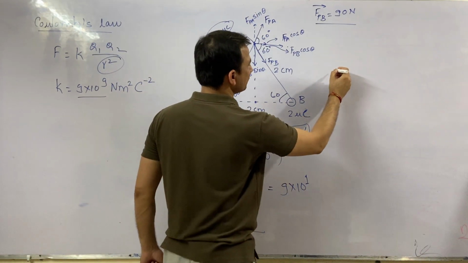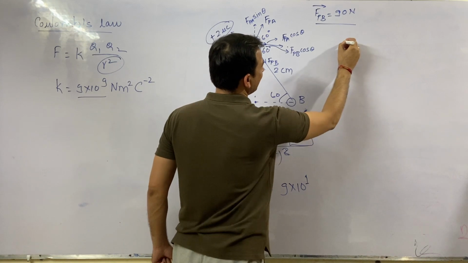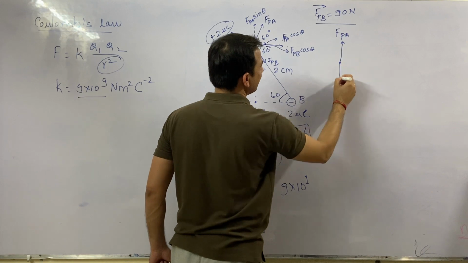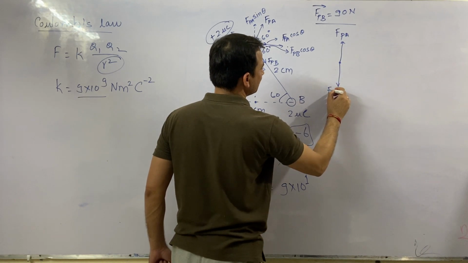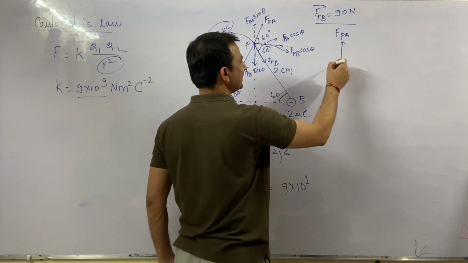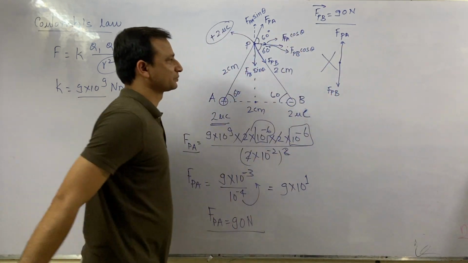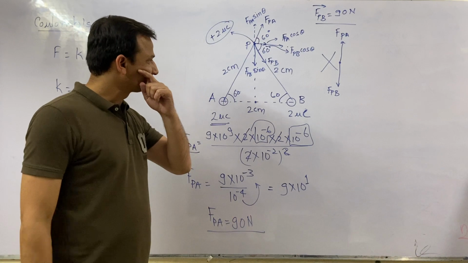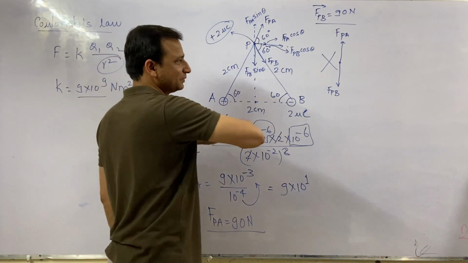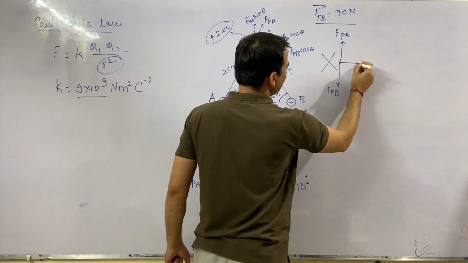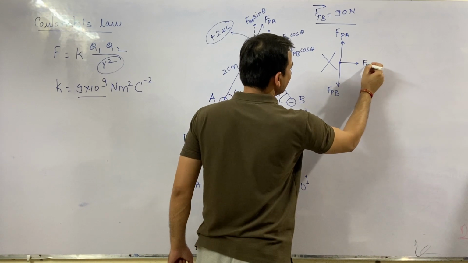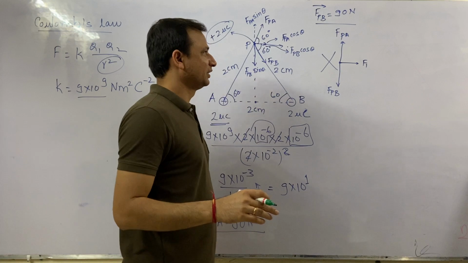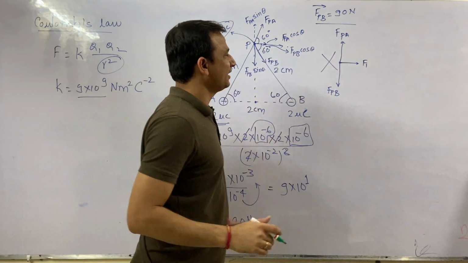Now if you see carefully, FPA sin theta and FPB sin theta are cancelling each other. So the situation looks something like this. FPA and FPB, they are cancelling each other, so their effect is 0. I should make a correction here.